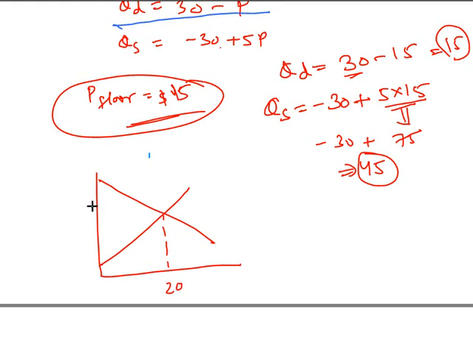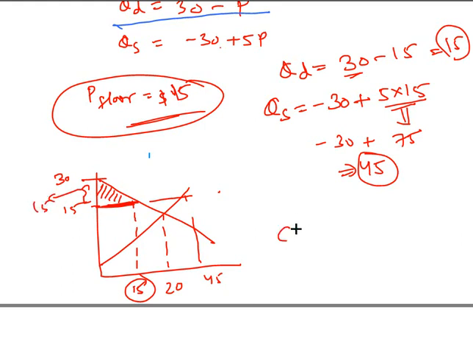When you increase the price to 15, the quantity demanded will be only 15 but the supply will be 45, right? So we need to understand what this surplus will be. This is 15, and we have earlier seen this 30, so this is also 15.